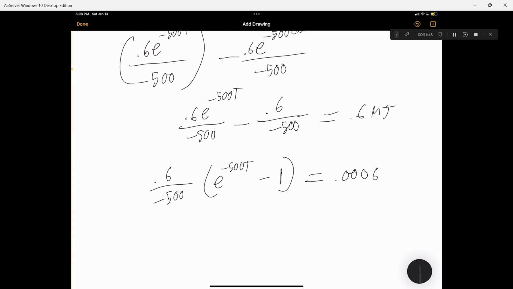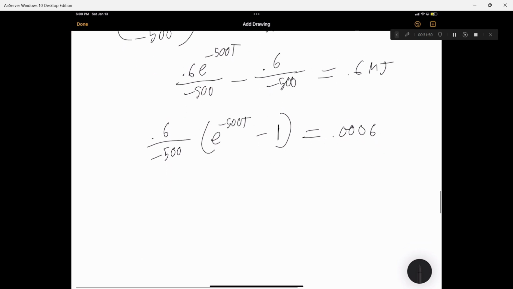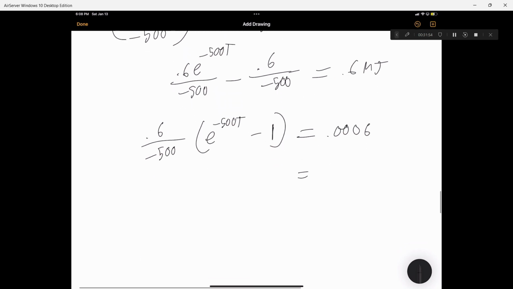Set it equal to negative 0.5. And we're left with e to the negative 500 t minus 1, plus 1 onto the other side. e to the negative 500 t is equal to 0.5.